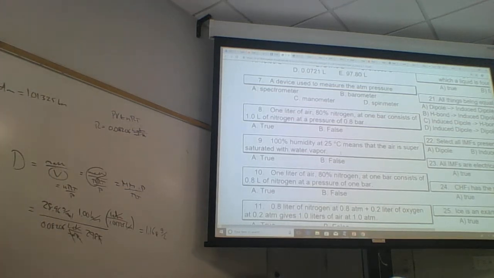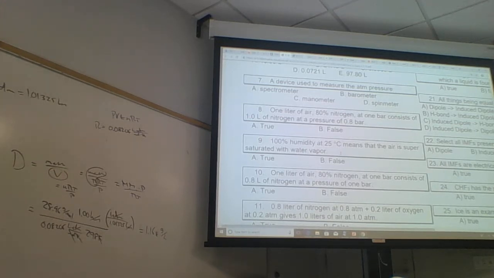And the restrictions here is, for Dalton's law to work, the volume must be constant. So everything must have the same volume. The air, the nitrogen, the oxygen, everything has the same volume. Whereas for Avogadro's, the pressure has to be constant.